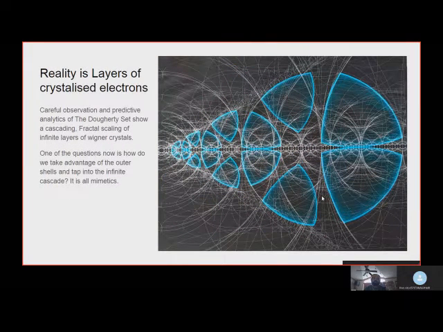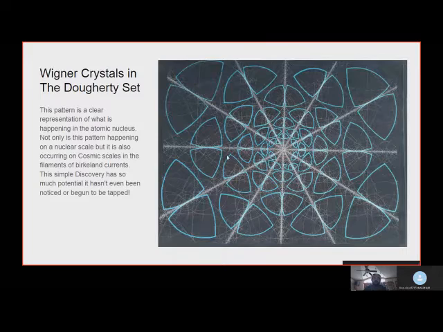Reality is layers of crystallized electrons. So if you go back to this, you can see that these are stacked layers, and it goes outward, and it also goes inward. Outer layer electrons are always on the outside of the atomic structure.